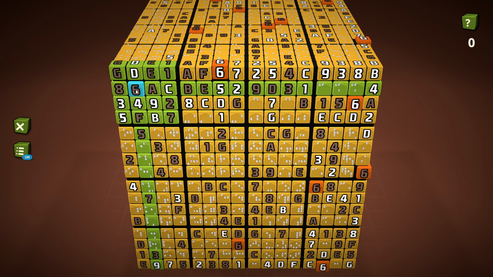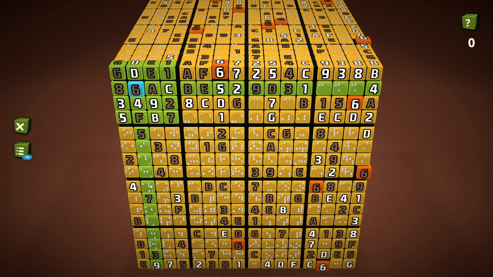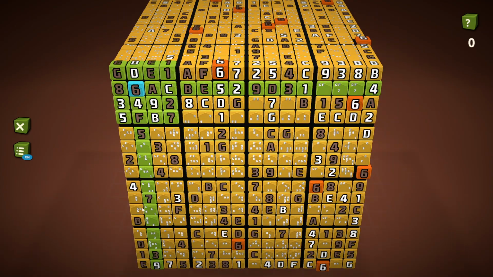How many possible places for 5s? So many possible spaces for 6s. Okay, can't go here. I could have something.